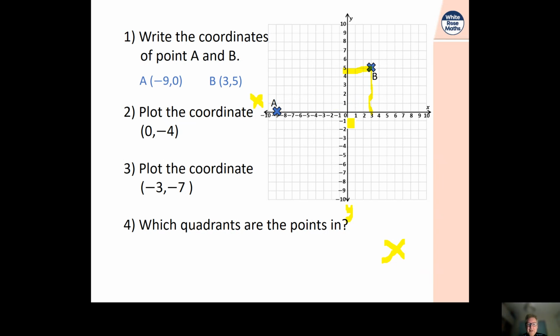I think she's right. Do you? So the last question, which quadrants are the points in?